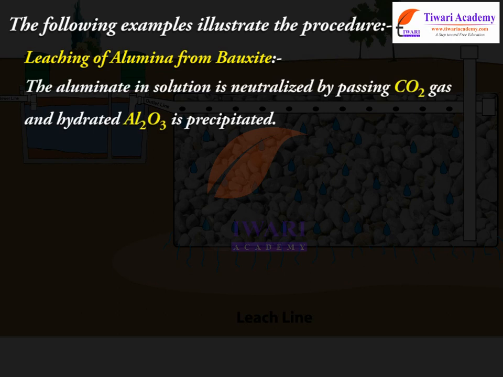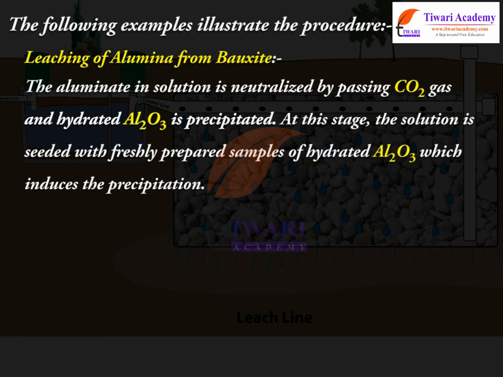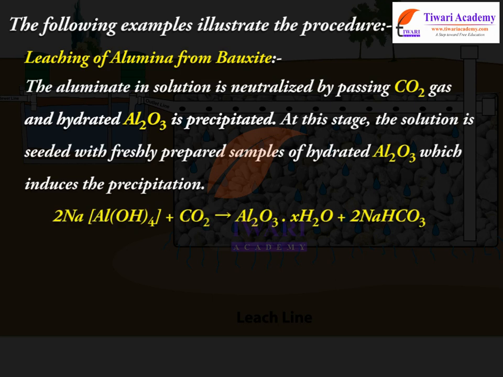The aluminate in solution is neutralized by passing CO2 gas and hydrated Al2O3 is precipitated. At this stage, the solution is seeded with freshly prepared samples of hydrated Al2O3, which induces the precipitation. 2Na[Al(OH)4] + CO2 gives Al2O3·xH2O + 2NaHCO3.